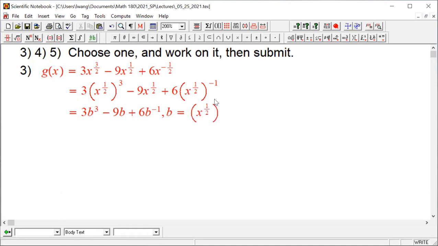You introduce an intermediate variable, you specify it. All right, and next, what's been done is factoring out the 3, factoring out the b's.